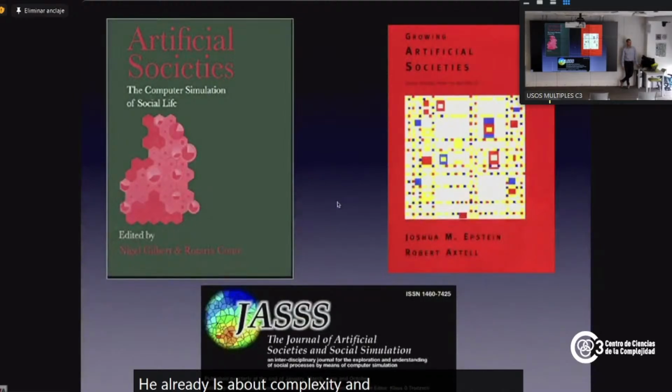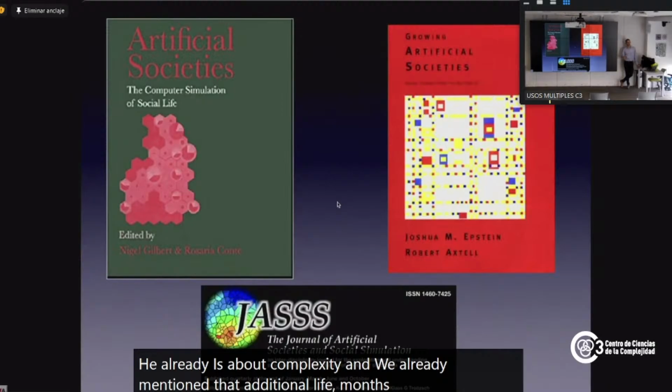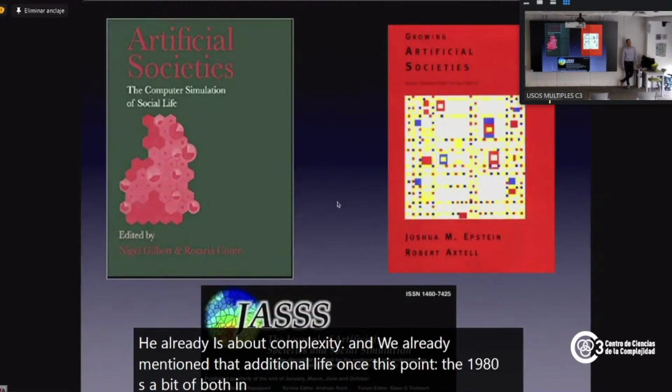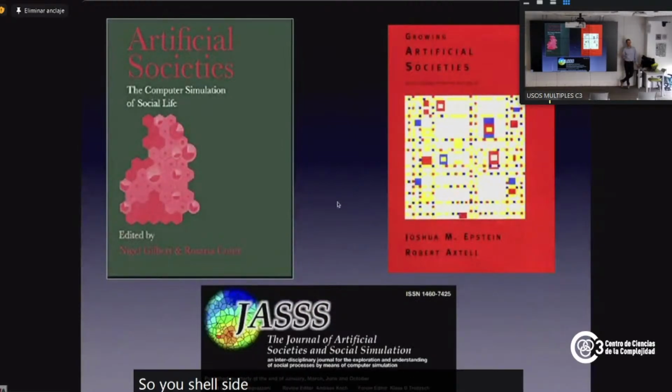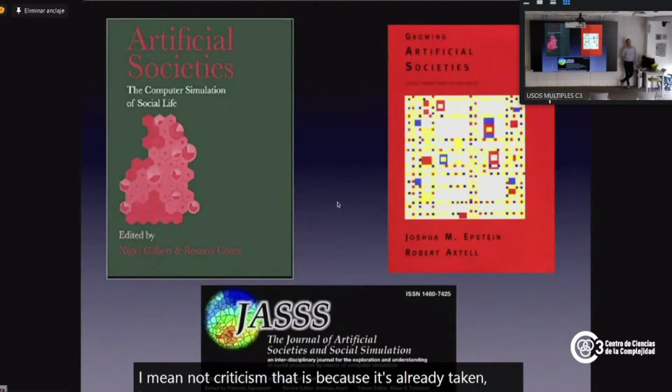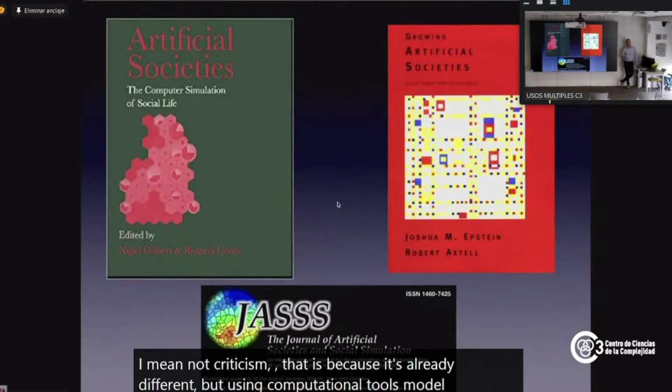And we already mentioned that artificial life was coined in the 1980s, a bit opposing classical AI. So artificial societies were following the same path. I mean, not criticizing artificial intelligence because it's already different, but using computational tools to model social systems.